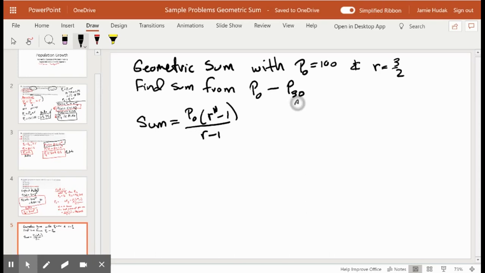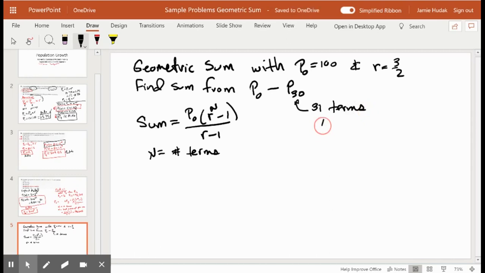So if I'm going from 0 to P30, we said that the n up here in the exponent is the number of terms. And if we're going from P0 to P30, that means we have 31 terms.